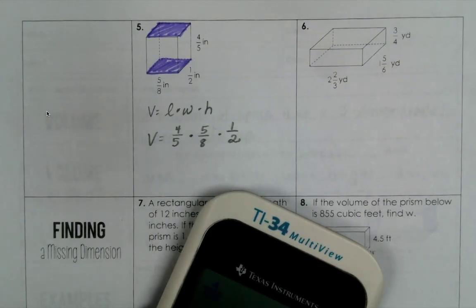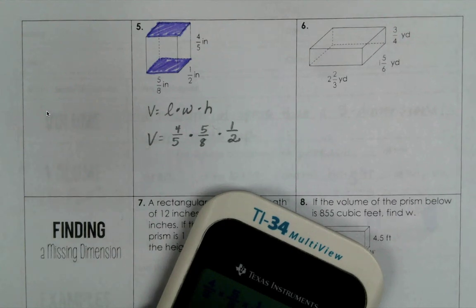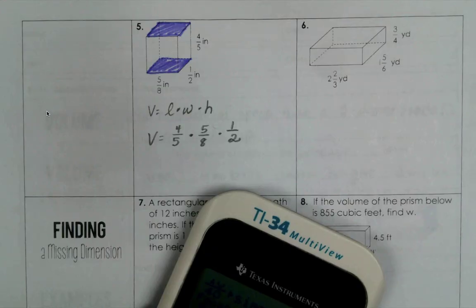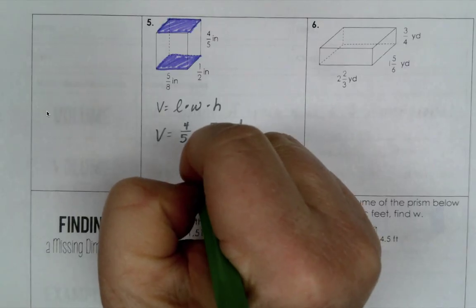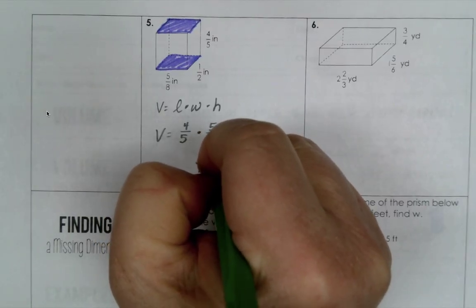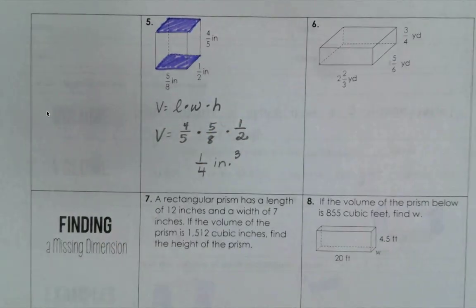So you can do fractions 4/5 times 5/8 times 1/2. Simplify, 1/4. So we get 1/4 inches cubed.